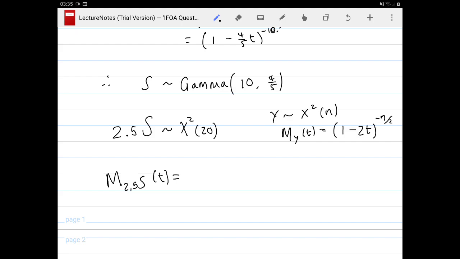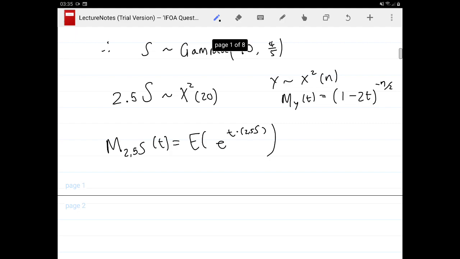We have to go from first principles, which is e to the power of t multiplied by our random variable, in this case 2.5 times S, all inside an expectation. The important thing is that we can move these brackets around, so this is the same as the expectation of e to the power of t times 2.5 S.